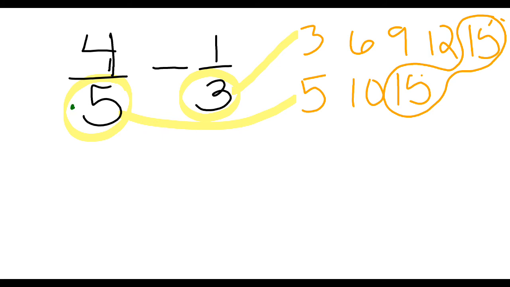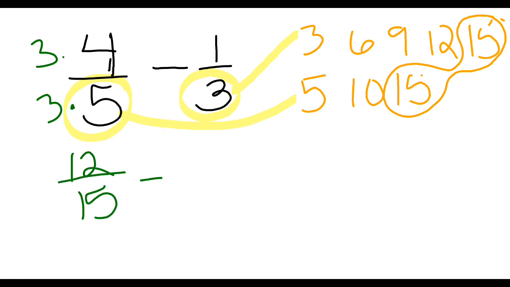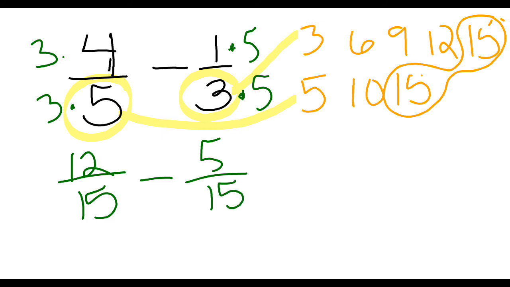To turn 5 into 15, I'm going to multiply times 3. If I do that on the bottom, I have to do it on the top. So I've got 12/15 minus, to turn 3 into 15, I multiply times 5. So if I do it on the bottom, I have to do it on the top. So 1 times 5 is 5, and 3 times 5 is 15.